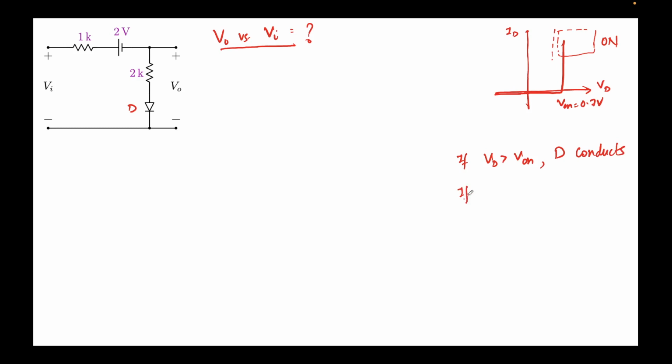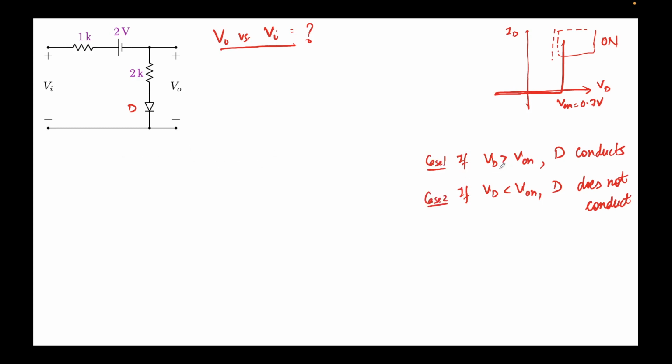On the other hand, if Vd is less than V on, D does not conduct. So these are the two cases, and let's take these cases one by one. This is case 1 and here we have case 2. Let's first take case 1.